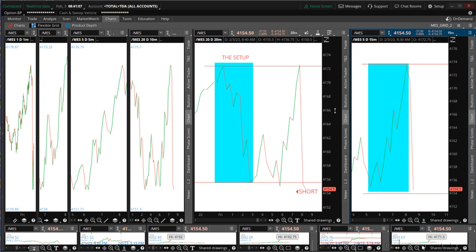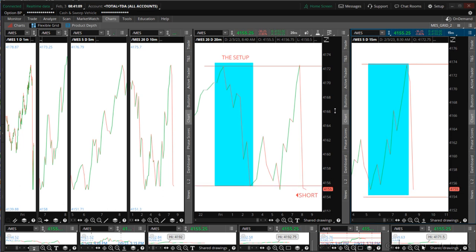Okay, so right now, if you take a look at the microgrid here, we had a setup here, if you'll see my chart, and we had a bottom here, and we have a top.